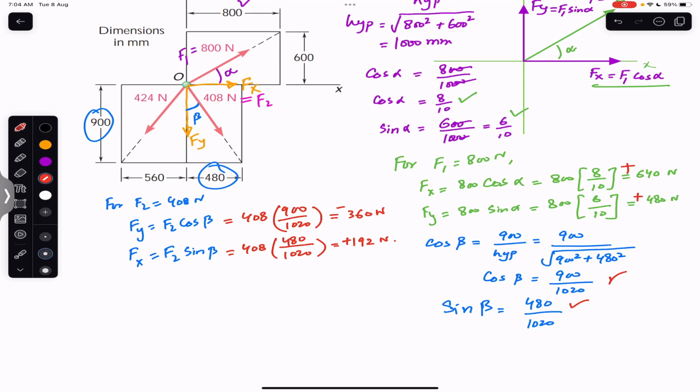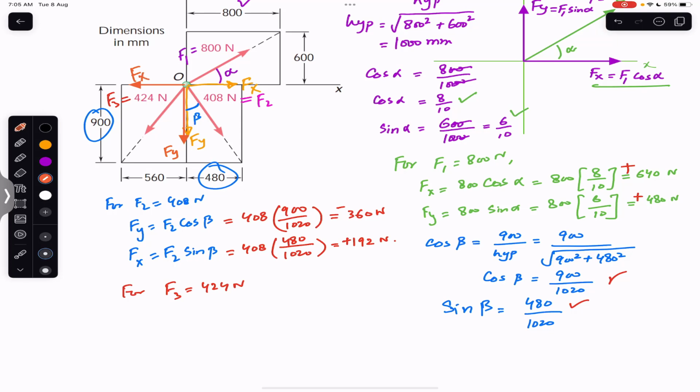Now let's say this 424 Newton is f3. So this is f3. Now for f3 equals 424 Newton, again it will have one component in this direction. This one will be the f of y component like this, and this will have one component like this.